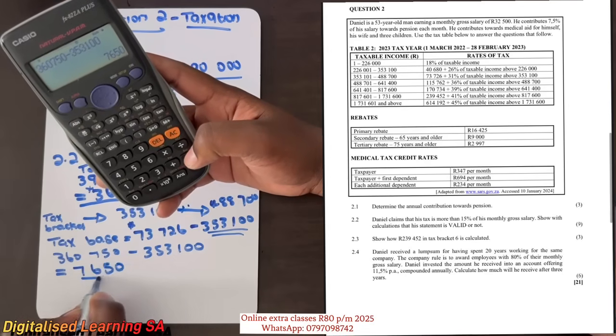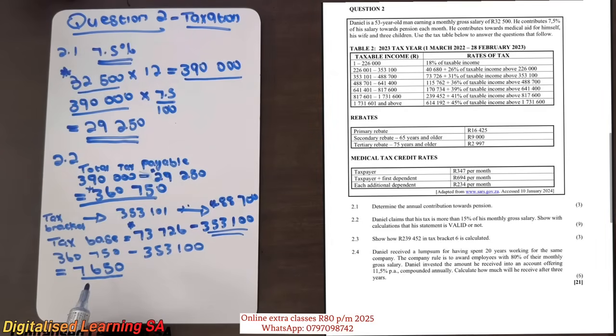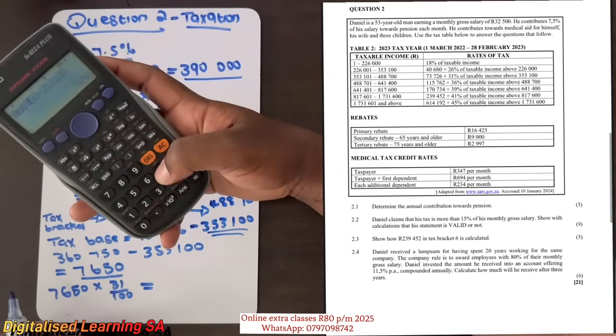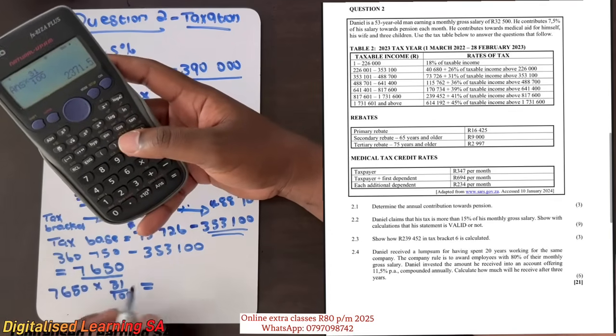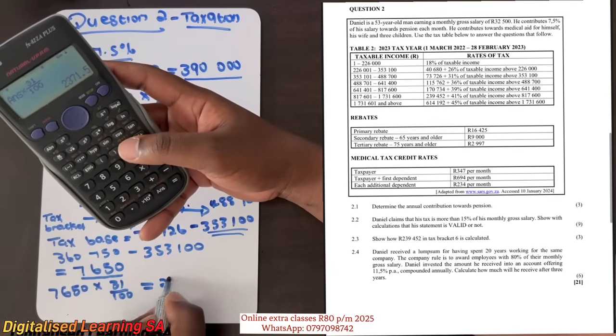So we need to calculate tax for this amount. If you look at that row for our tax bracket, we can see that the tax percentage is 31%. So we need to calculate 31% of this amount: 7,650 multiplied by 31 divided by 100, and we will get 2,371.5.